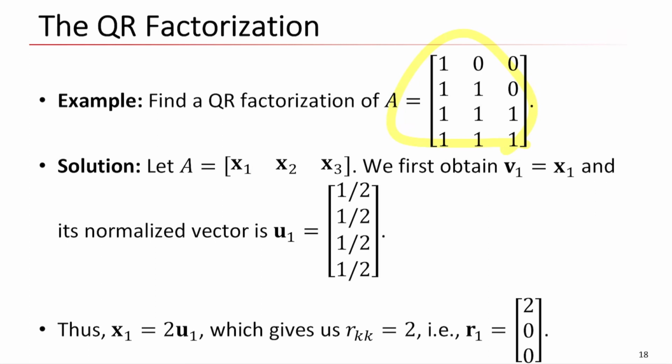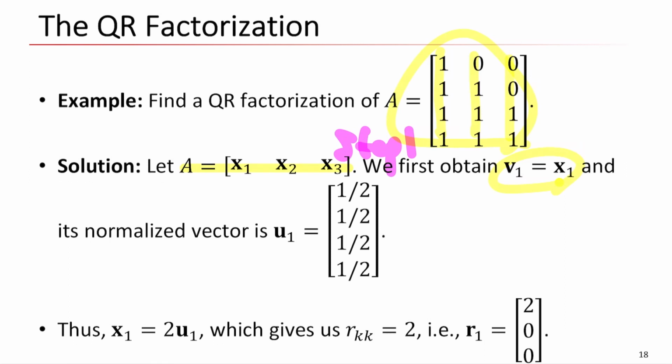So let's do that. First of all, let matrix A be the three vectors x1, x2, and x3. We first obtain v1 equal to x1. This is step one of the Gram-Schmidt process, right?